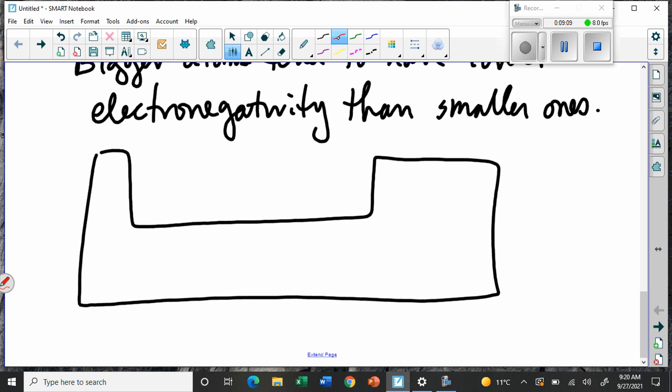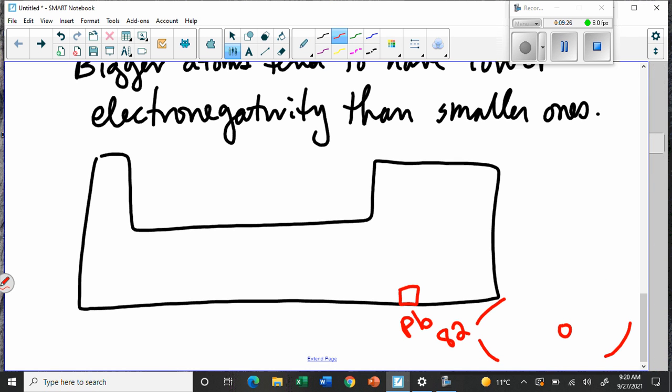Like if we go down to the bottom, we see lead. And lead has 82 electrons. So you can imagine, if this is the nucleus, those 82 electrons are going to be way outside. It's going to be a very big atom with a large cloud of electrons.